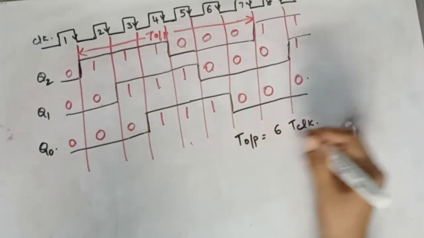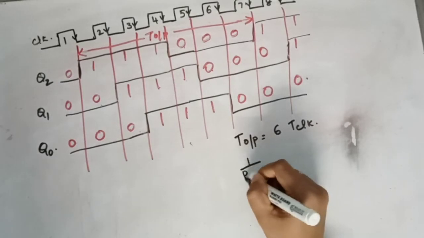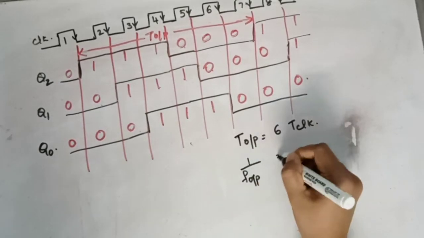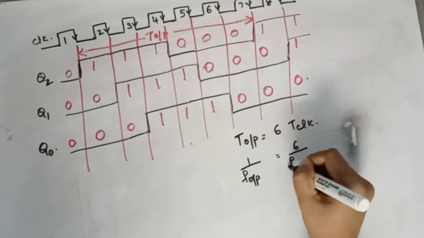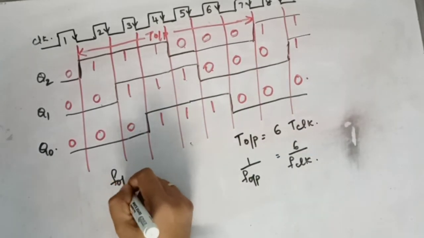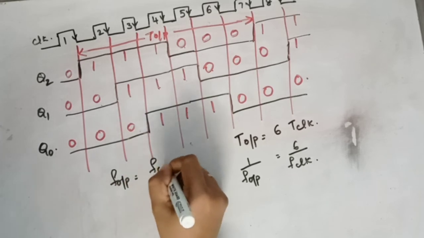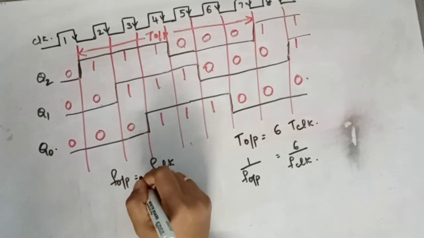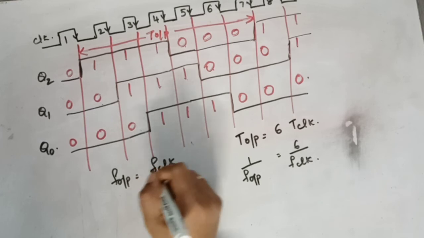Okay, so 1 by F output is equal to 6 by F clock. So F output equal to F clock by 6.